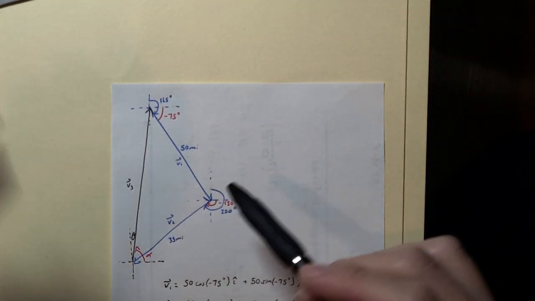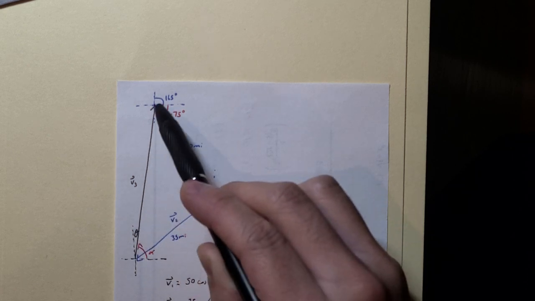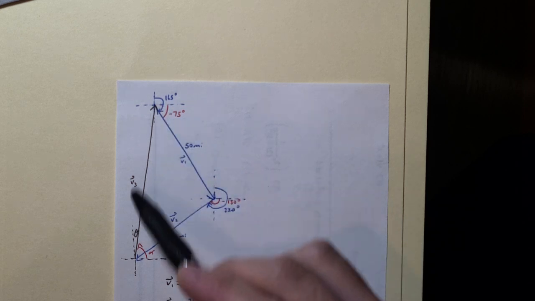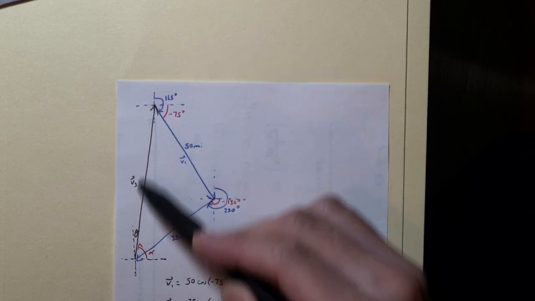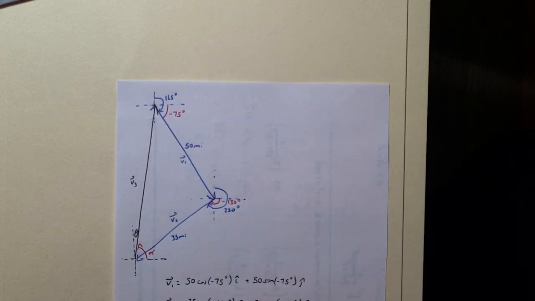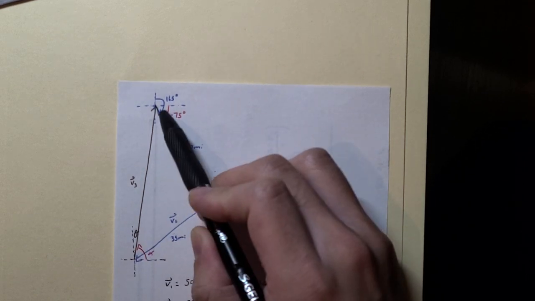Okay, so if it's here after the two motions, then to head back home directly, you could just go like this. So we can draw that as another vector. Okay, so that's this black vector over here. Hopefully that makes sense as to how I set it up. A vector and a vector, and then to go home, that's another vector like that, okay?